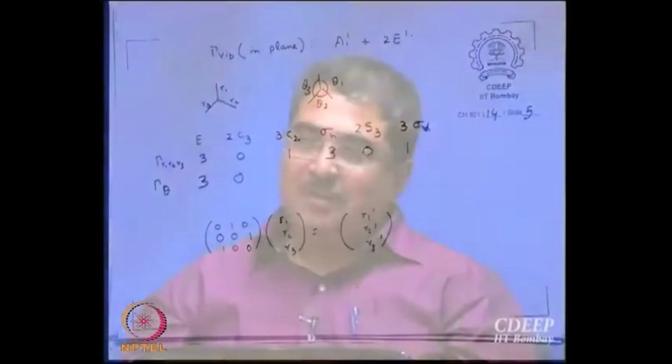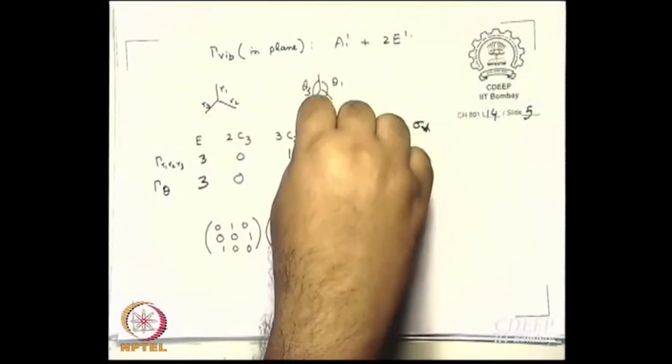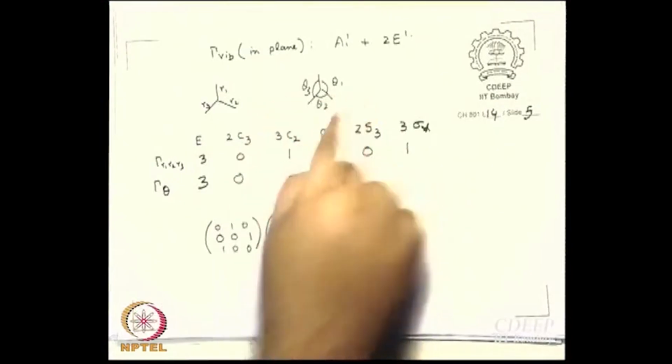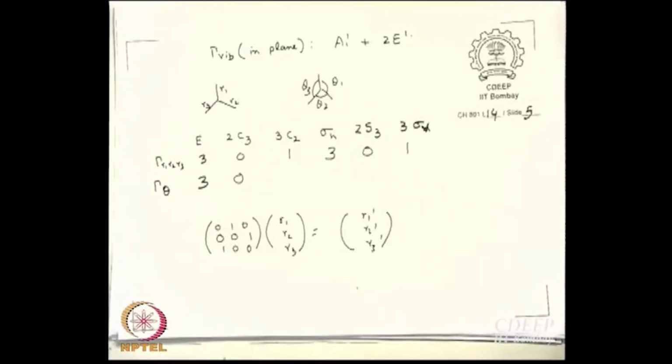What about C2? It is 1. Because if you apply C2 along this, theta 1 and theta 3 interchange, theta 2 remains theta 2. It is just the angle. It does not matter whether it is between R1 and R2 or between R2 and R1. It is the same. Nature loves symmetry, you cannot do anything. 3 0 1 again.